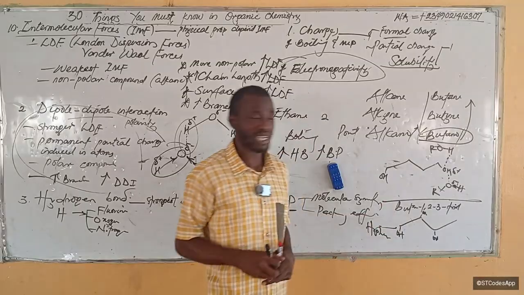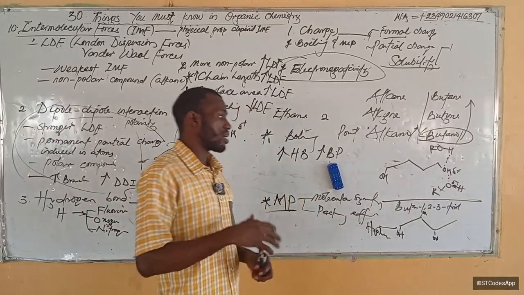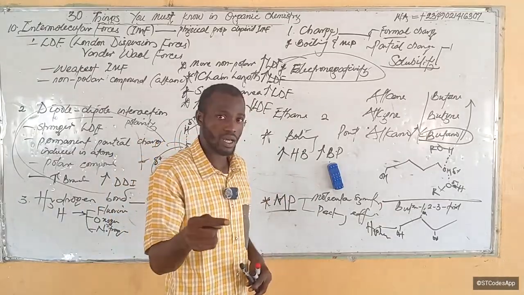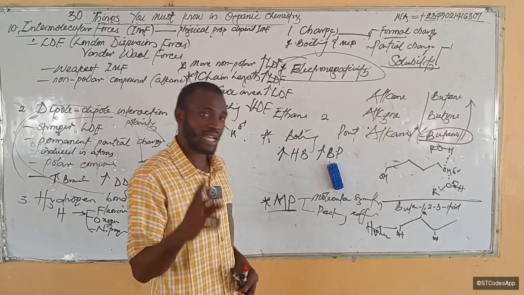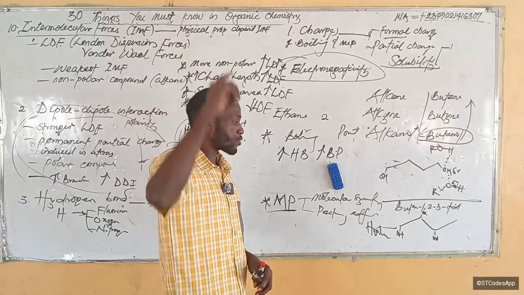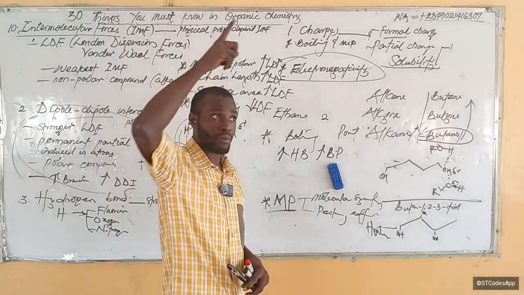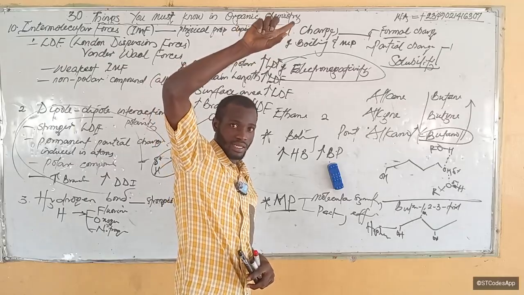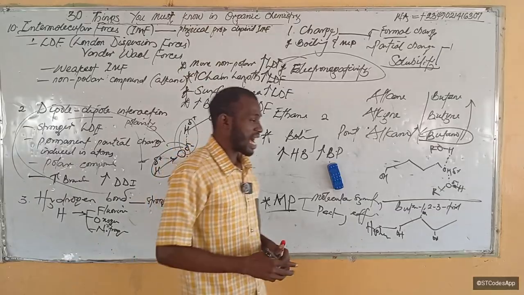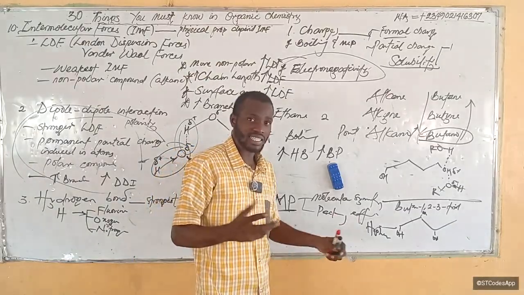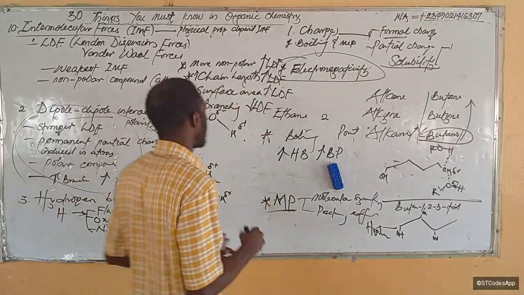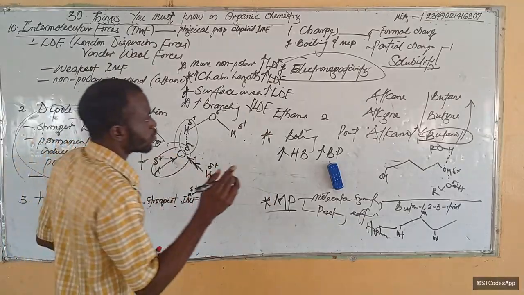So butan-1,2,3-triol, of course, will be more polar than butan-1,2-diol. Do you understand? Because that one has only 2 centers for dipole-dipole interaction. Butan-1,2-diol. So the point is this, and that one, of course, will now be more polar than butan-1-ol or butanol. Exactly now. So that shows you that as the degree of polarity is increasing, the solubility is also what? Increasing. So polarity also affects solubility.